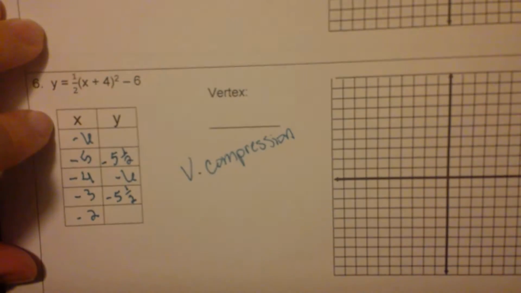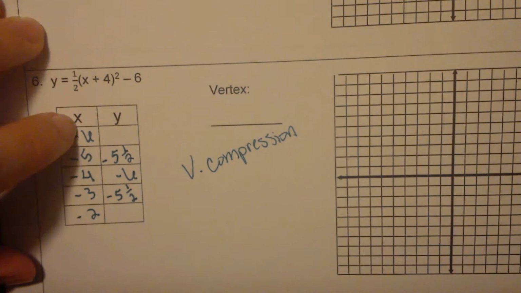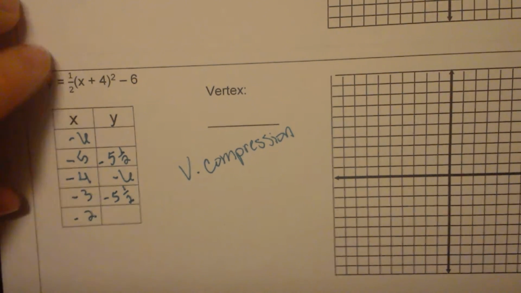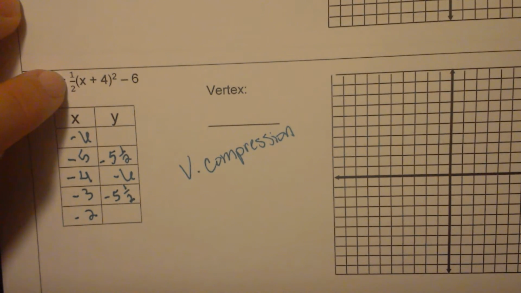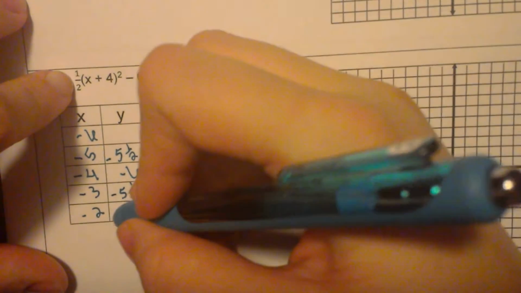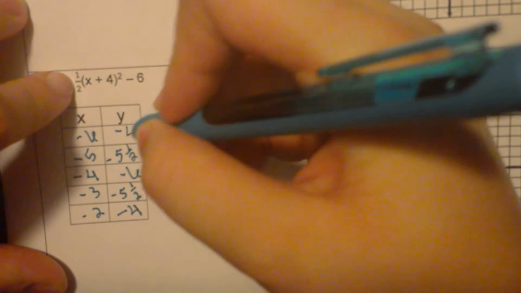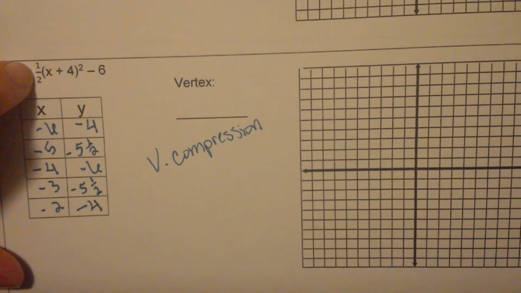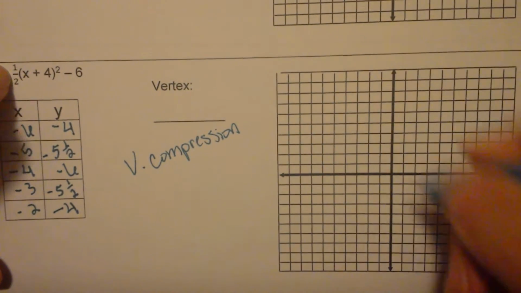This is not going to be fun to graph with all the halves. Negative 2. Negative 2 plus 4 is positive 2 squared is 4. 4 times 1/2 is 2. 2 minus 6 is negative 4. So negative 4, negative 6.